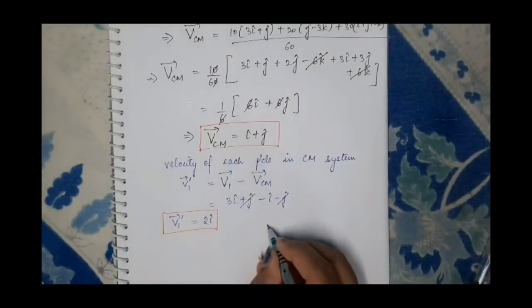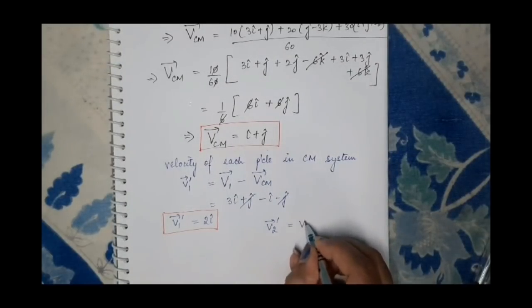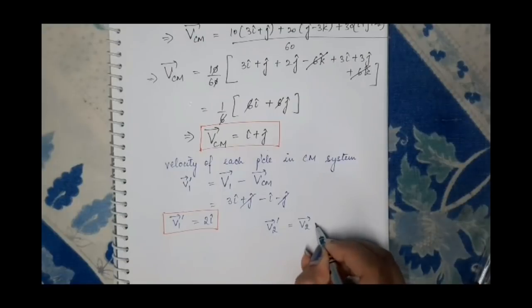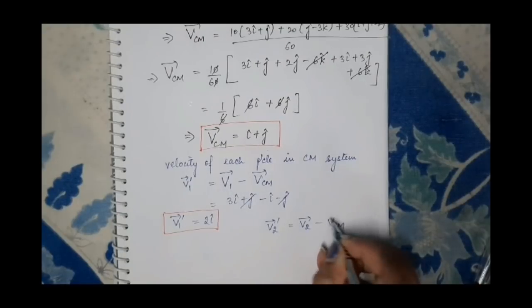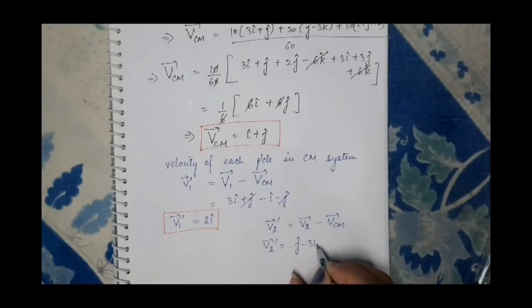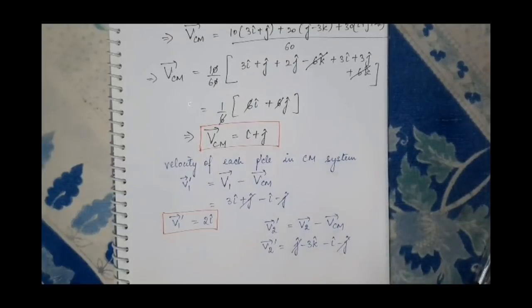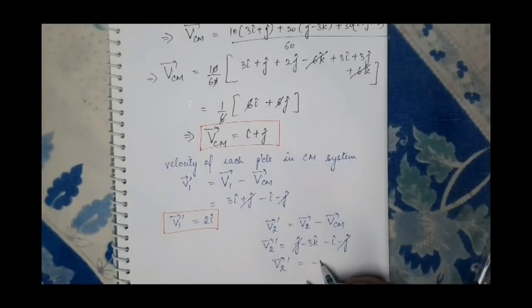Similarly, what will be the velocity of the second particle in center of mass system? It will be its velocity in lab system minus the velocity of center of mass. V2 vector is given, that is j cap minus 3k cap, and the center of mass is minus I minus j. So plus j minus j will be cancelled out. So the velocity of the second particle in center of mass system is minus I cap minus 3k cap.